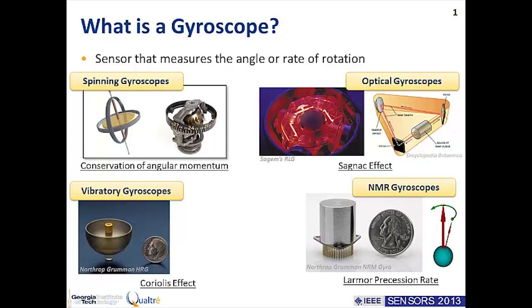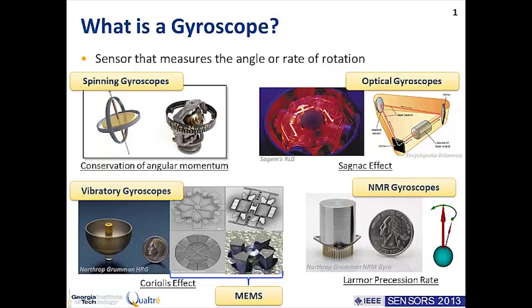And the reason this is important is because that allows us to scale them down in size. And that's what today's talk is about. How can we make these micro-machined vibratory structures that can actually be used to sense angle of rotation or the velocity of rotation of an object?